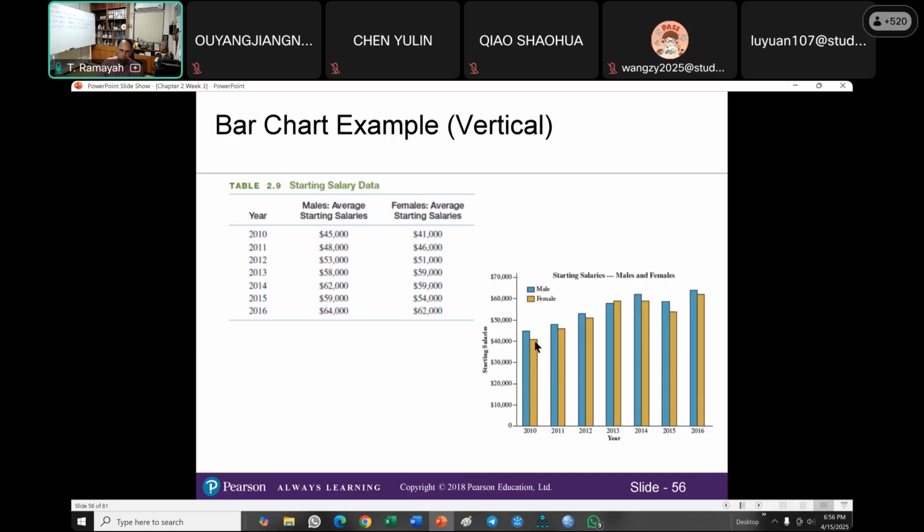But here you can see a bit different. In 2016, the difference has become very small, although in 2015 it is bigger. So we can compare male and female in terms of salary by using this vertical bar chart.